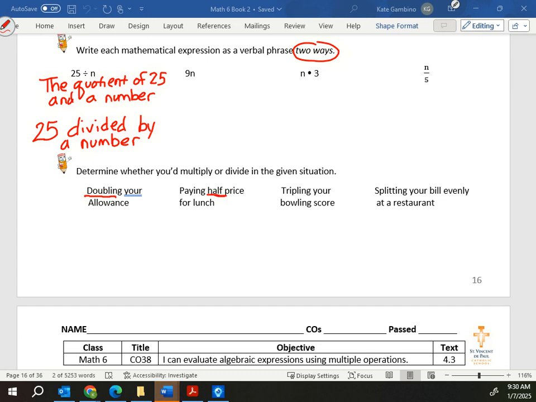You have to think through what it means to find those new verbal phrases to add to your table. Tripling, splitting. What do those words mean? Do they mean that we're going to multiply, or are we going to divide? Any questions on the bottom half of the page? Nolan: for the last ones, we just write multiply or divide? Yes, on the bottom you just have to write multiply or divide.